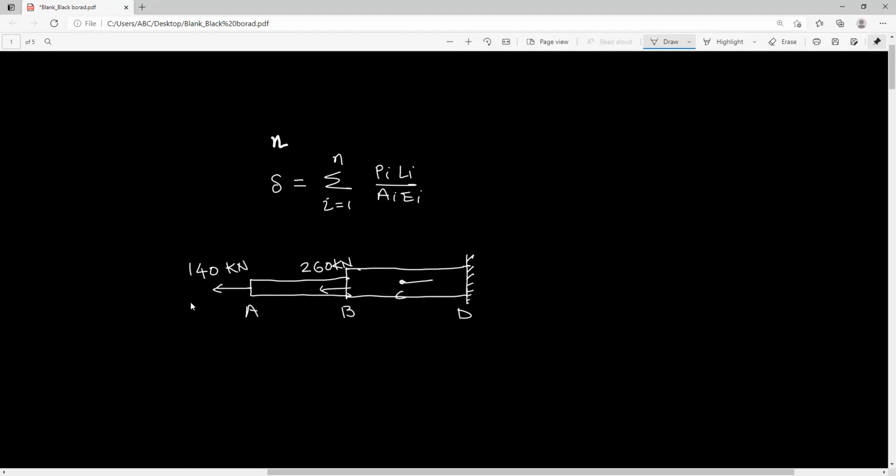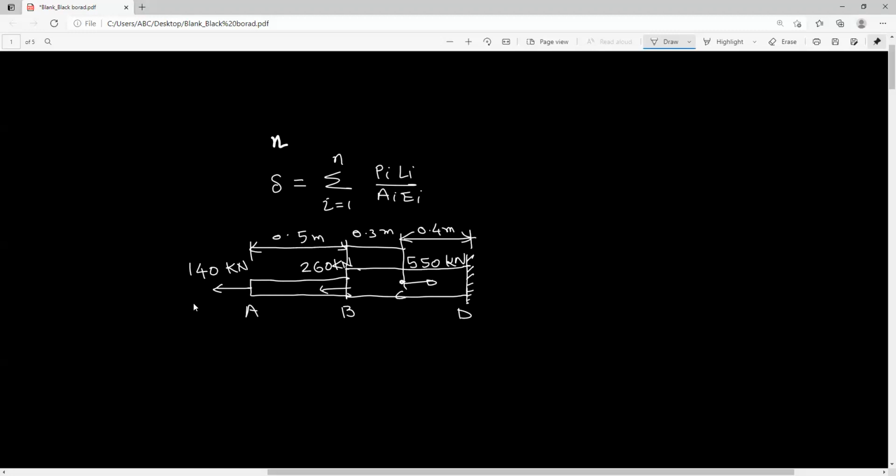Let's say this is location C and this is 550 kilonewton, and the distances given are 0.3 meter, 0.4 meter, and 0.5 meter.